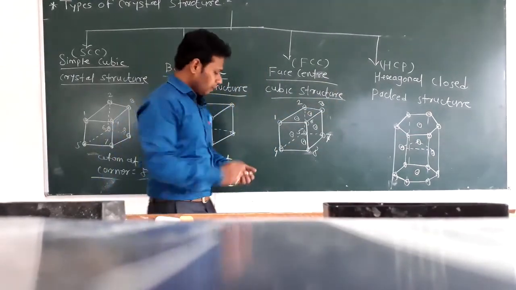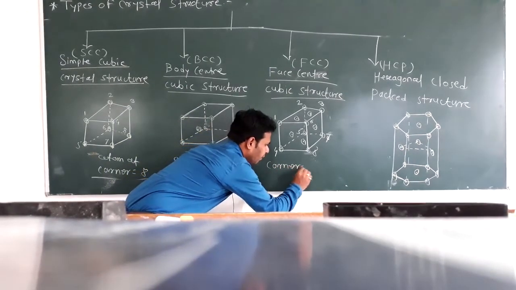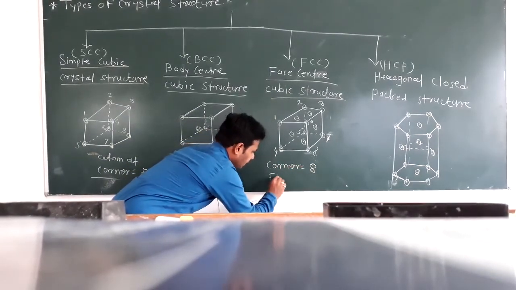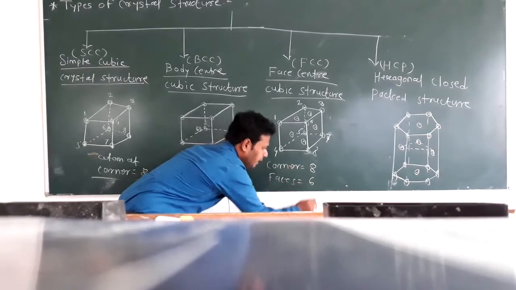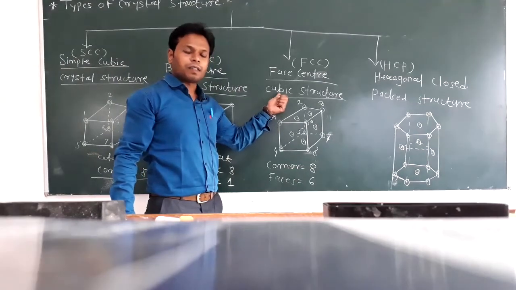And we are seeing here corners equal 8 atoms and faces equal 6 atoms, known as face center cubic structure.